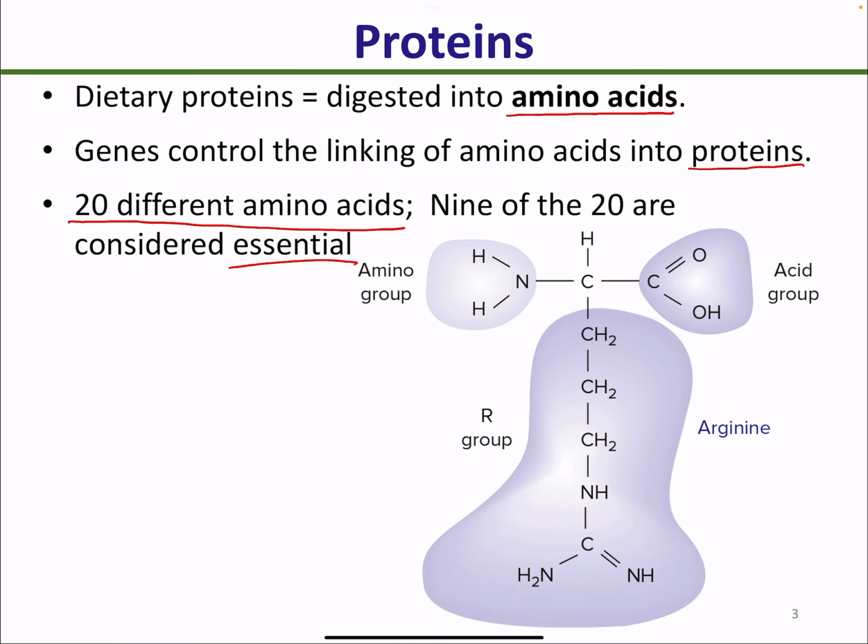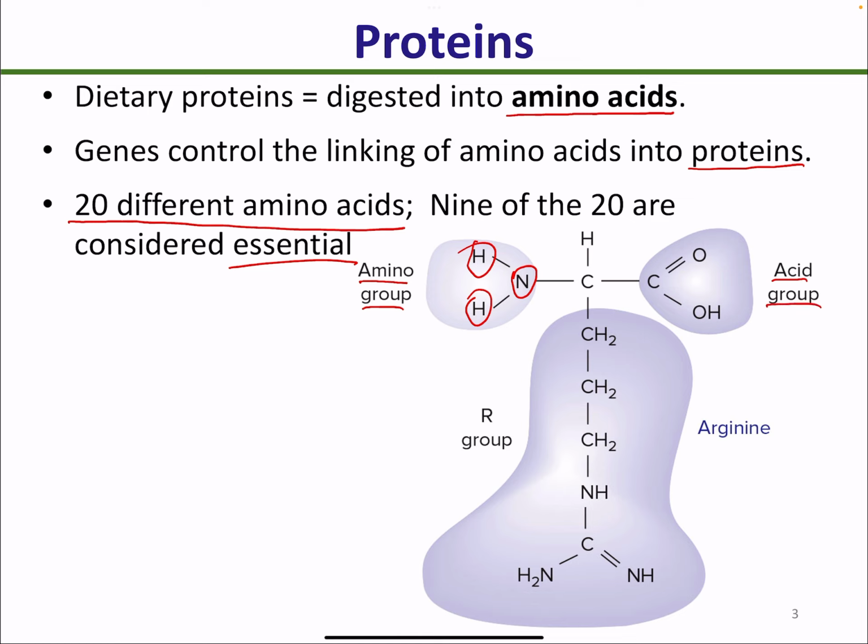Now, with that being said, what is characteristic of amino acids? Amino acids are characterized by the fact that they all, without exception, have an amino group. Right? That amino group, it's basically nitrogen, hydrogen, and hydrogen. All right? To that amino group, you are going to have also in an amino acid, an acid group.